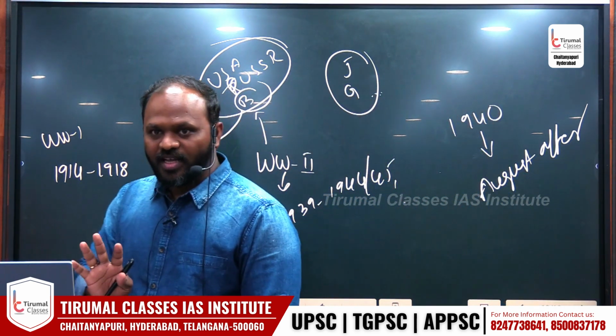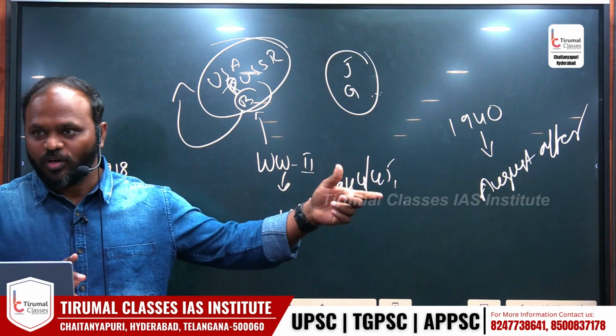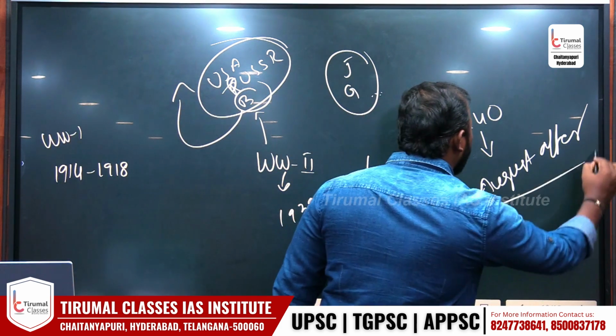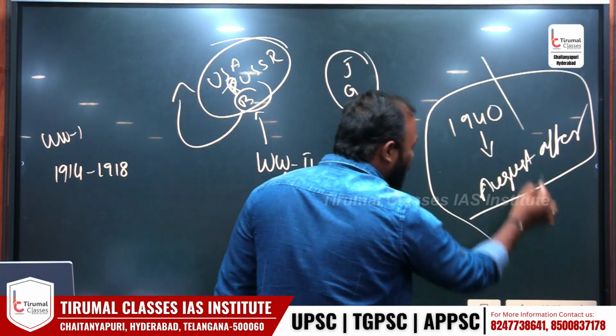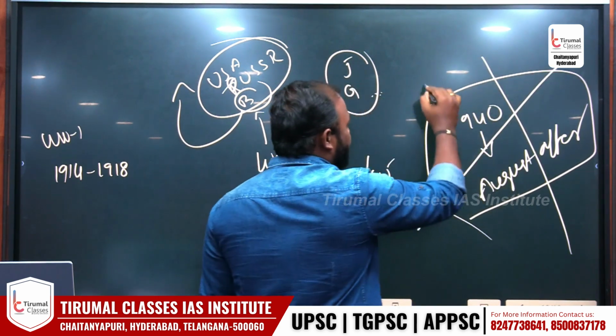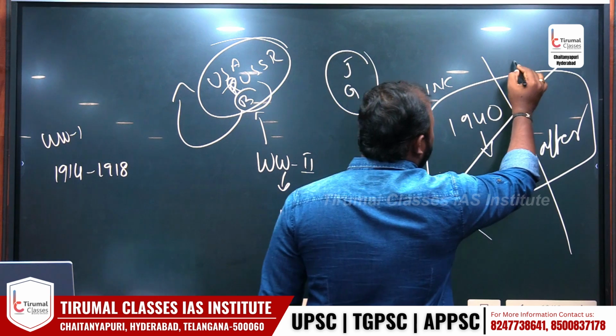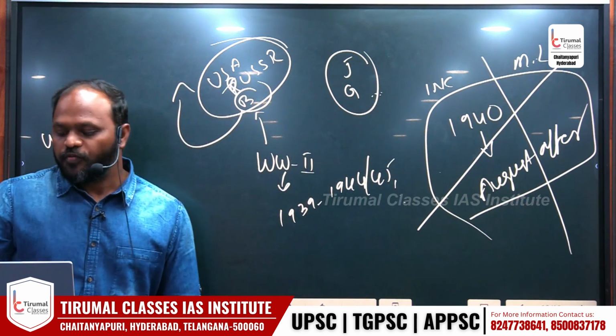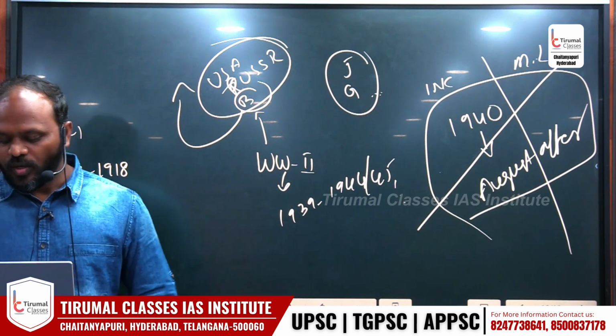Understood? Yes, it is connected to your Modern India first chapter. The British gave us the August Offer, but it was rejected by the Indian National Congress and by the Muslim League, because whatever offer they had given was not satisfactory.